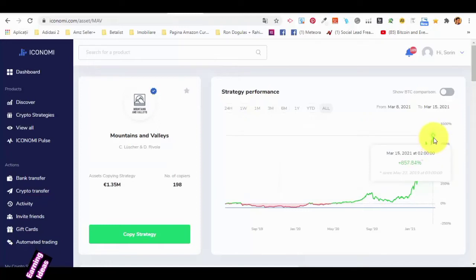So for example, this strategy's overall performance is at 150%, and if you look here, they had some downtime when they were on a loss, but in the last 2 years it obviously grew a lot, and this is something which happened for a lot of strategies.